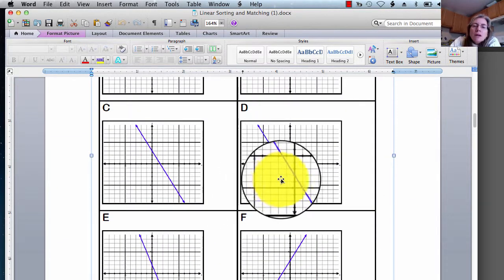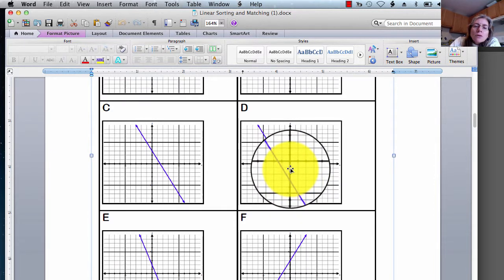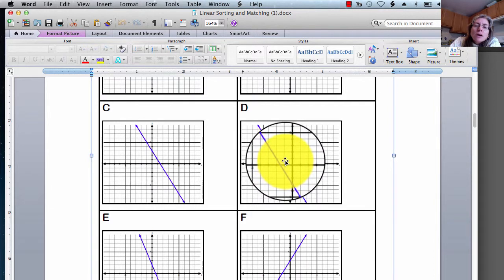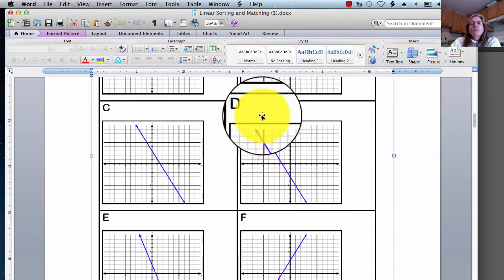The slope of D is up 2, over negative 1. So it's negative 2. The slope here is negative 2, which is correct.